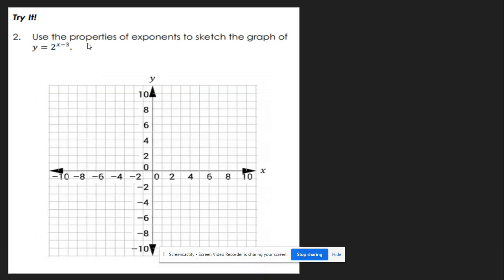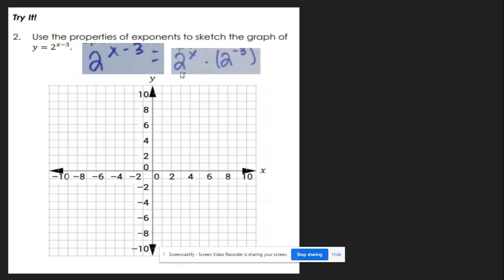If we're looking at using the properties of exponents to sketch the graph of y equals 2 to the x minus 3, and I have an expression there, again, you can make your table of values and substitute or recall the properties of exponents. If I have two terms and the base is 2, I'm going to go ahead and separate them.